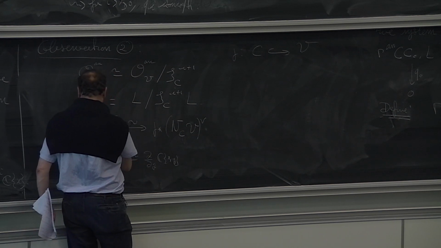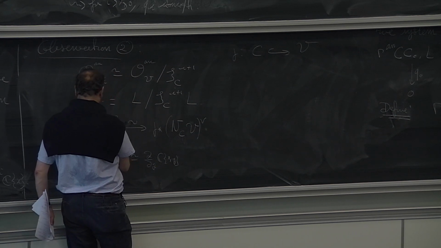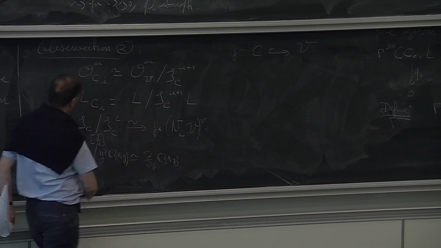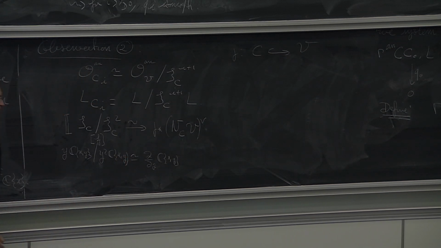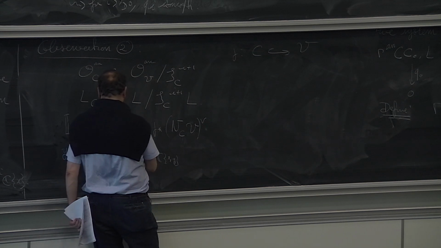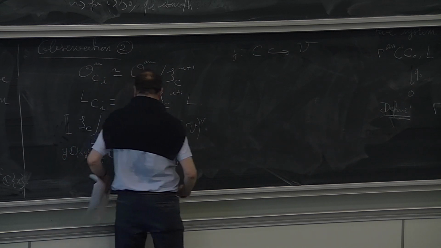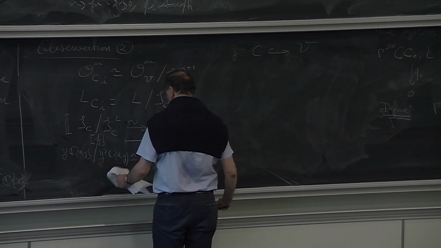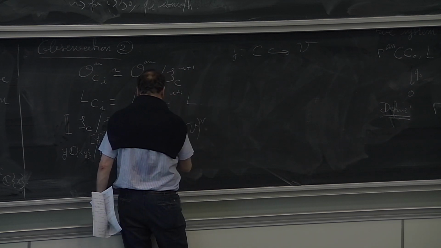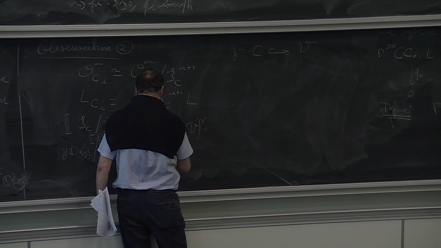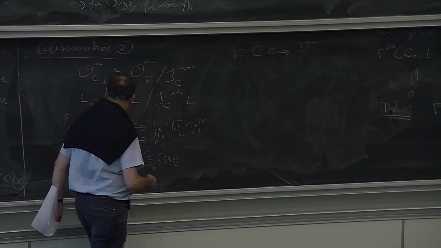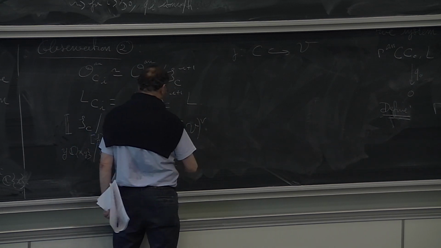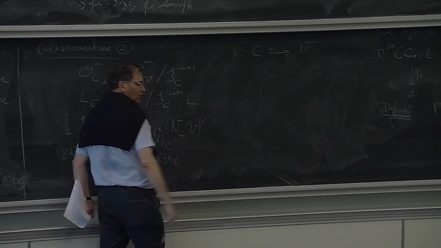Here you take a function f that vanishes along C, and you associate to this function its differential along C as a section of the normal bundle.